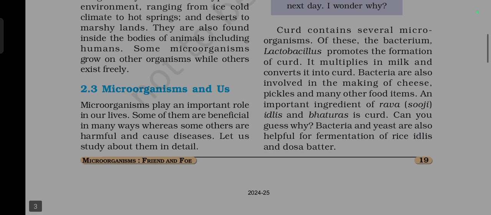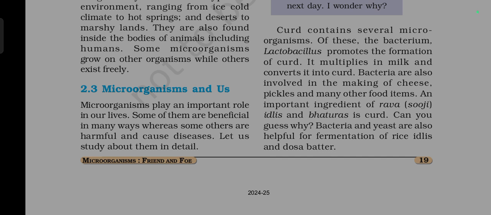An important ingredient of rava, that is suji, everyone knows suji ka halwa, idlis, that is a South Indian dish, and bhaturas, Punjabi dish, is curd. Can you guess why?